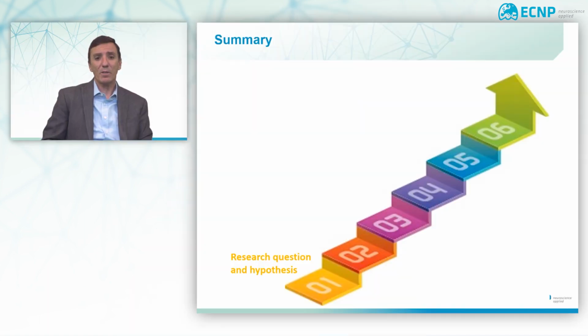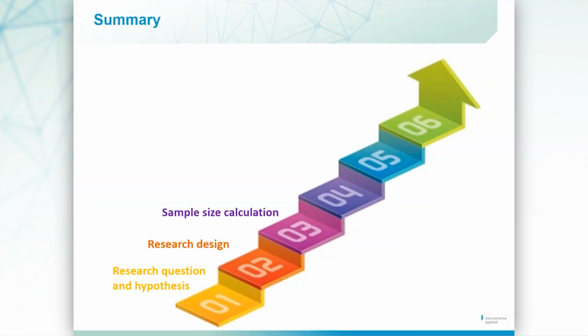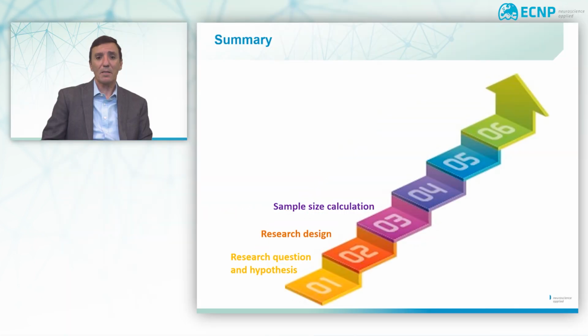So to sum up, first we need to formulate the research question and hypothesis based on the existing literature and of course adding scientific merit. Next, we should choose the research design, preferring the factorial one, and if possible, to incorporate a within-subject factor such as follow-up along a trajectory. In the next step, we will calculate the sample size needed for obtaining sufficient statistical power.